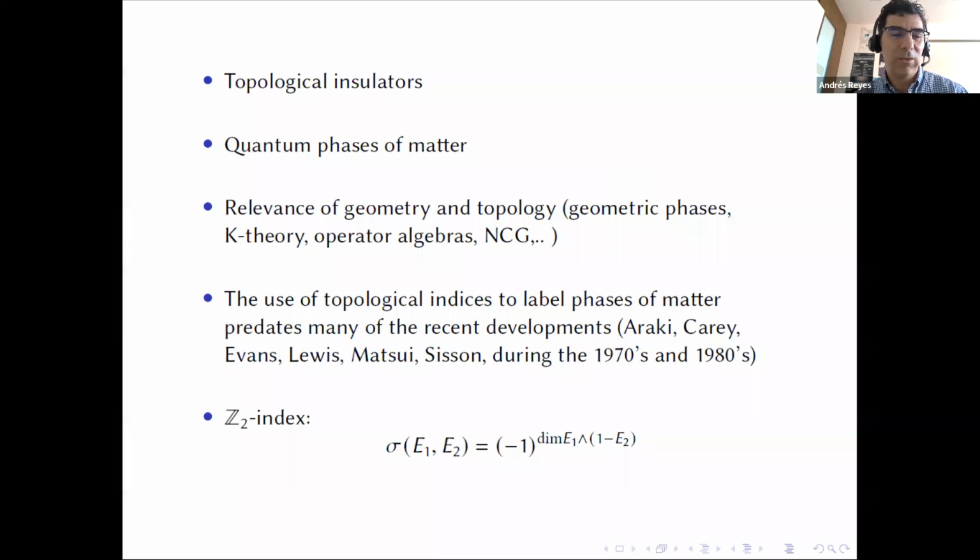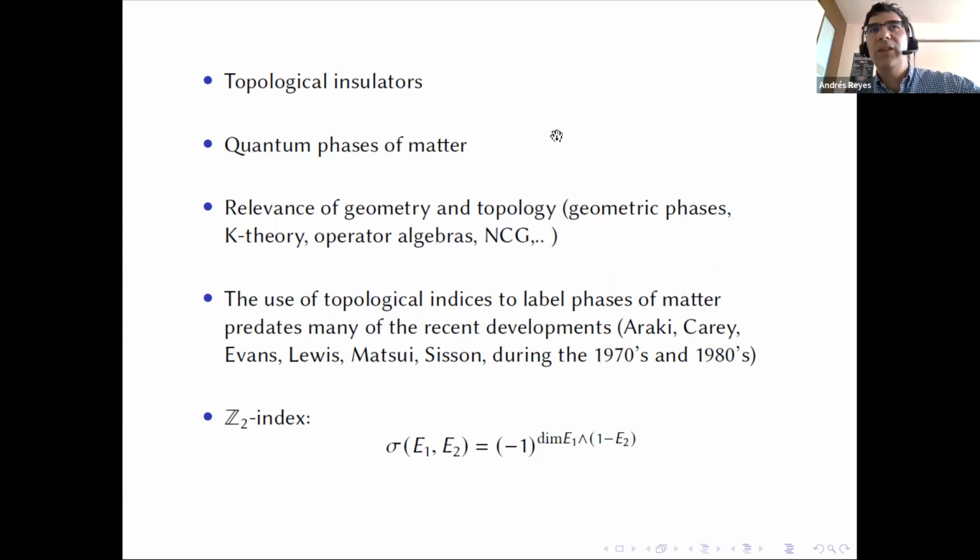So this is how I started working on this. So my motivation came from the study of quantum phase transitions. So I wanted to somehow get an idea of how to study quantum phase transitions using geometry and topology.